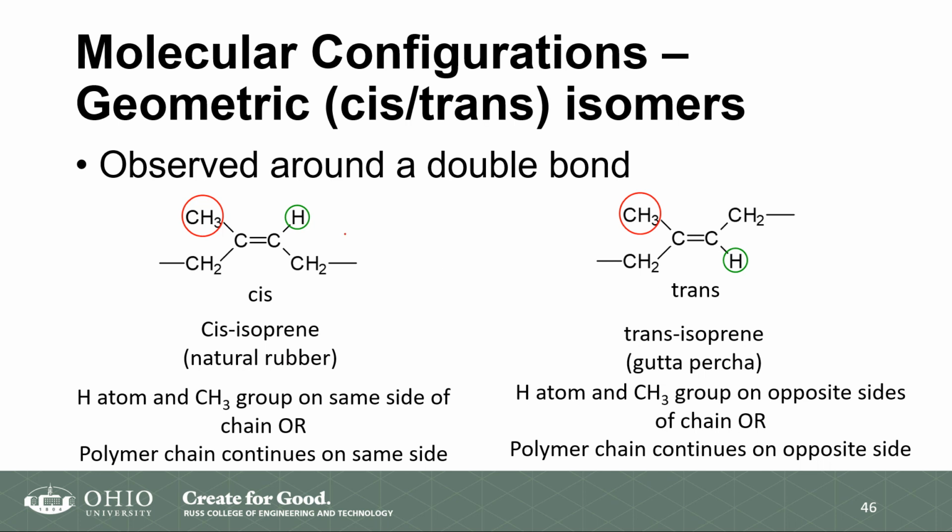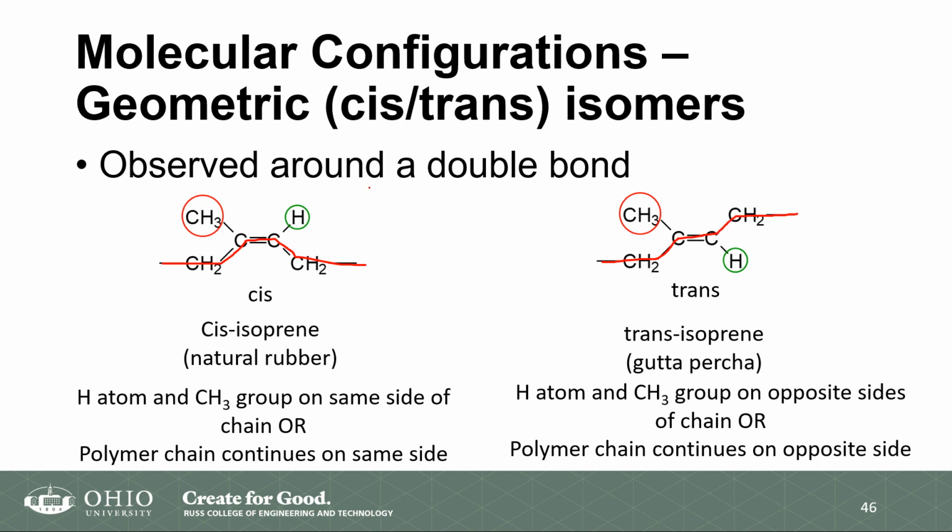In your cis arrangement, what you notice is that this here is my carbon-carbon backbone where my double bond resides. And so I have these 2 groups hanging off of that backbone. If we were to look here, this will be my carbon-carbon backbone.